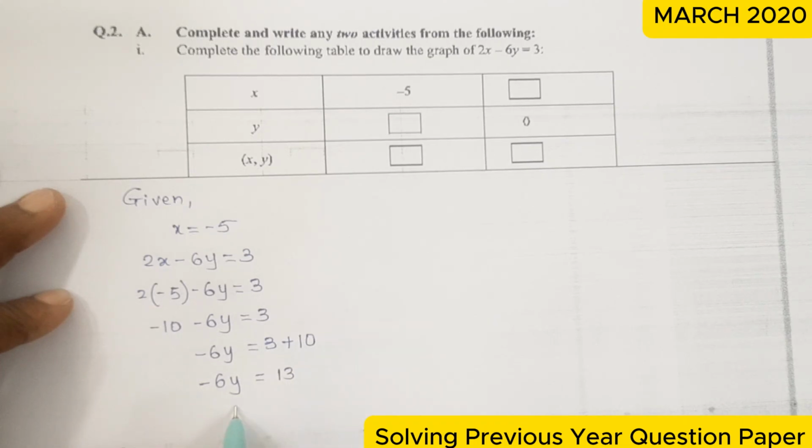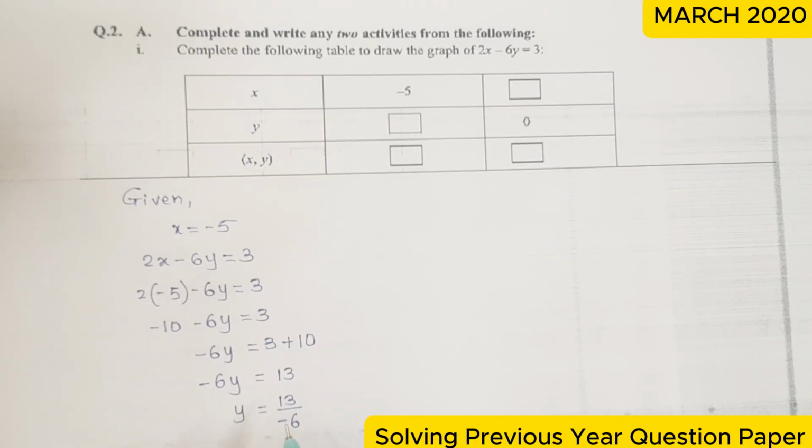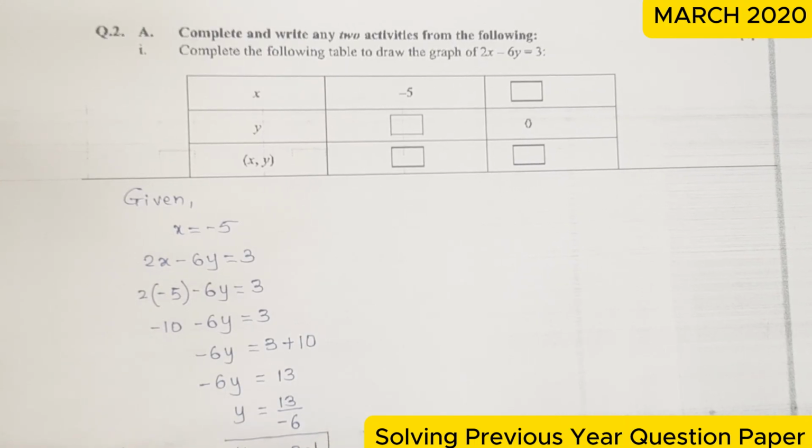So here students, y is equal to 13 upon minus 6. So the answer is y is equal to minus 2.1.